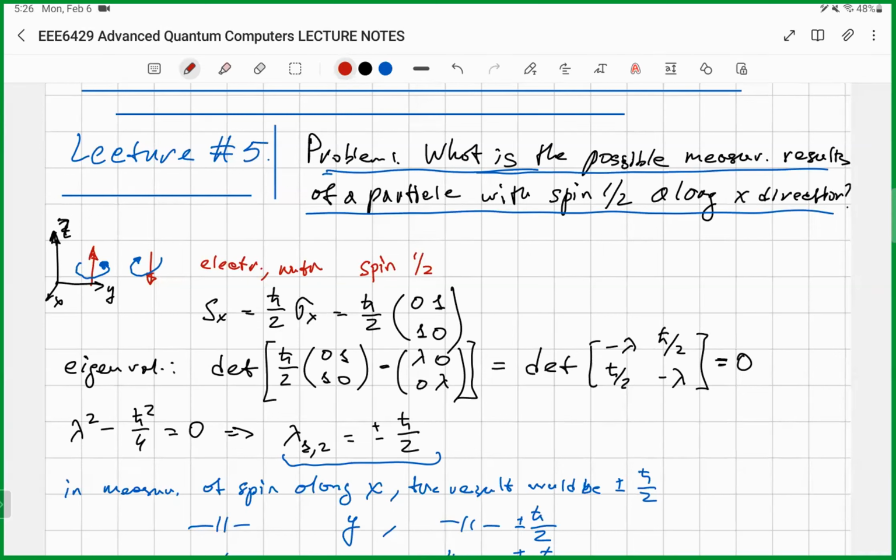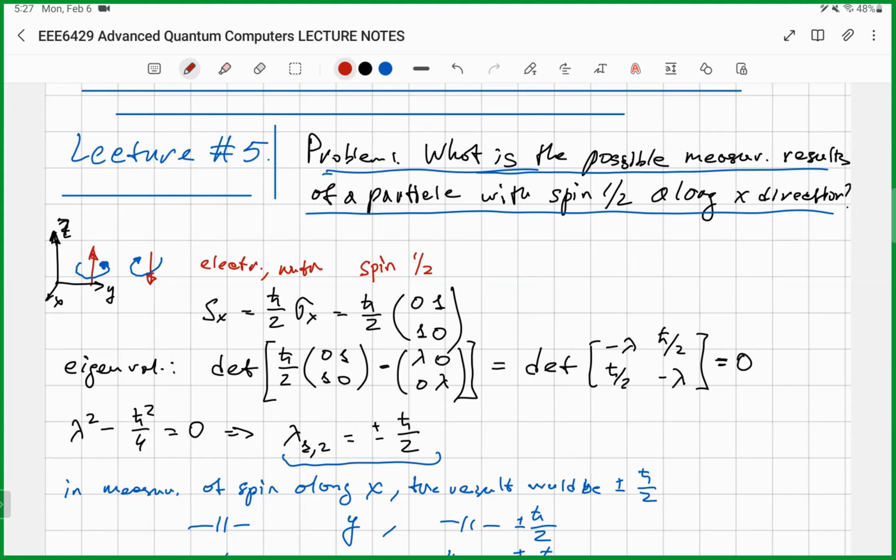And of course, the spin can be 1/2, right? This is for fermions, and it can be an integer number like 1, 2. For example, 1 corresponds to a photon, and this is something that we know, the polarization of light.